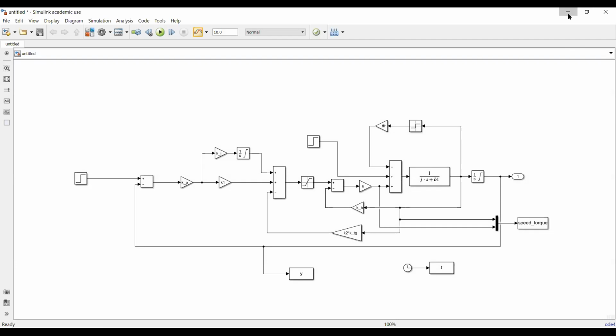Yeah, plot it in MATLAB, t comma y. Yes, sir. I have plotted it. Then you will get the result.